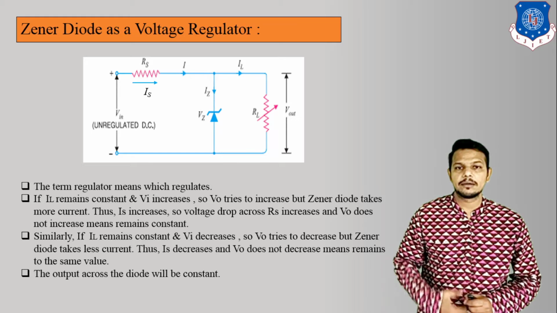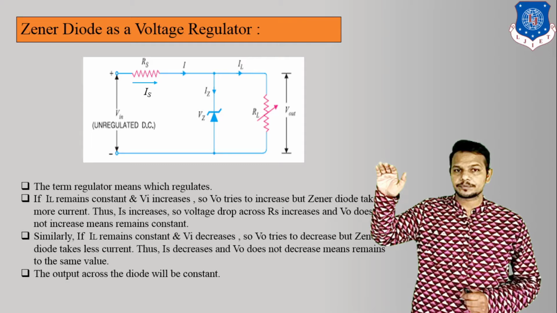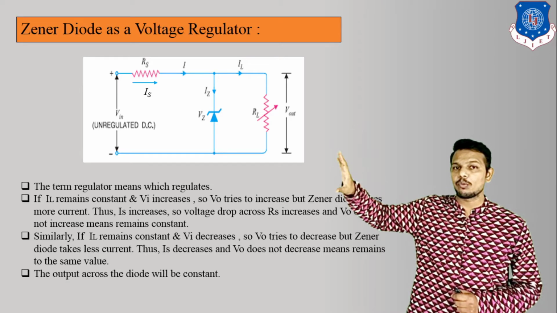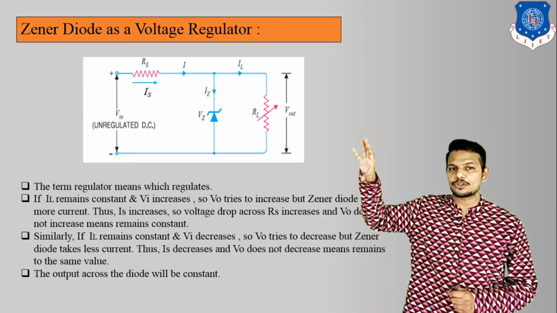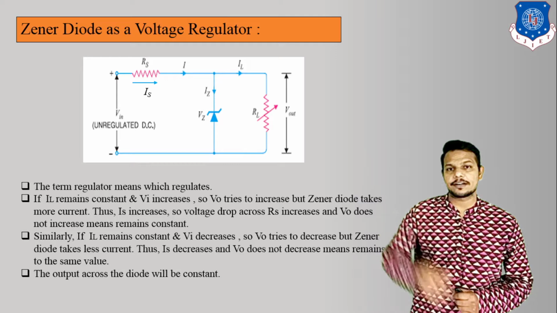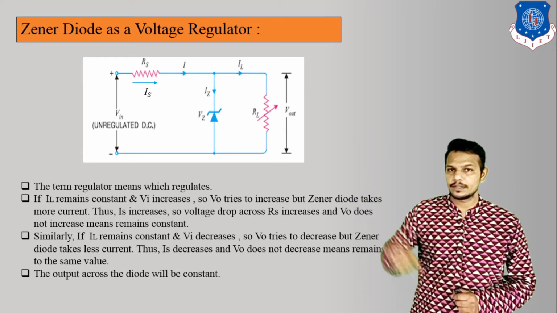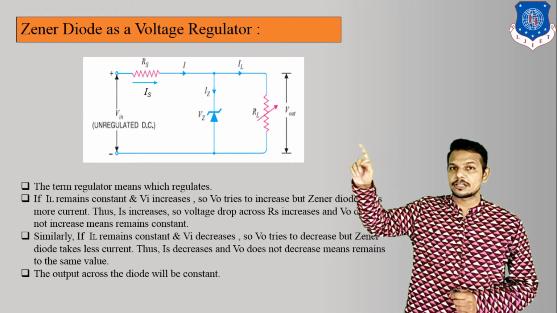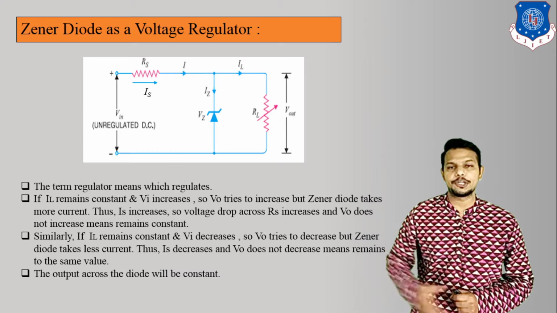The next possibility: if IL remains constant but the input voltage Vi decreases, then VO tries to decrease, but the Zener diode takes less current, thus IS decreases. IS decreases, that means the voltage drop across RS is going to reduce.